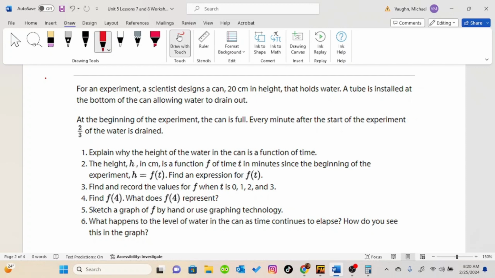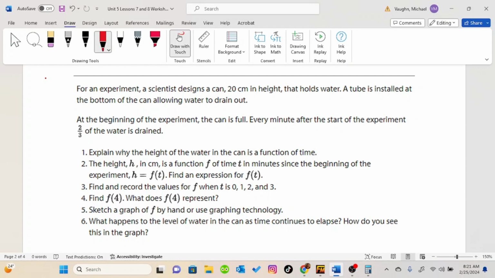So in this statement, we're saying time is the input and the height of the water is the output. As time goes on, water is draining out.